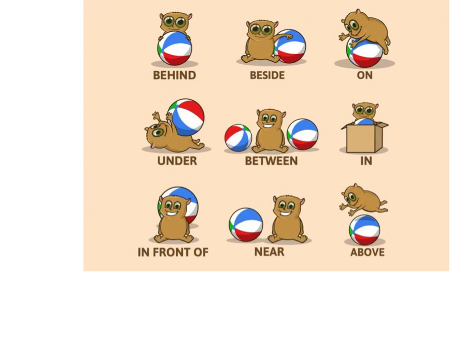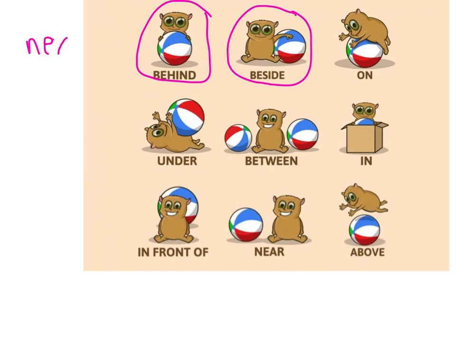Here, it, or the animal, or the pet, is behind the ball. Here it is beside the ball. Beside also means next to. That's a 2-word preposition. So this one is also next to. That animal is next to the ball or beside the ball.